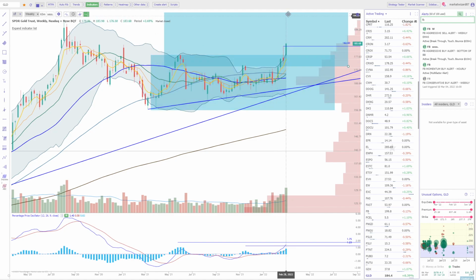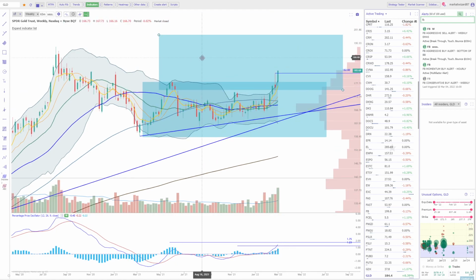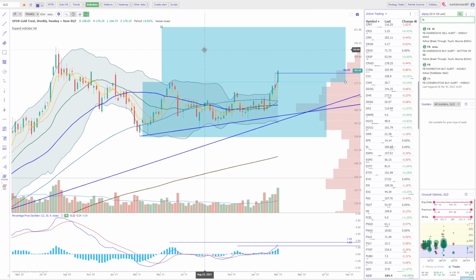Because if this is a look above and go, which is what it's starting to look like to me, gold could be heading to 203, downside risk of about 2%, upside reward of about 10%. So this is obviously something I'm very interested in playing.